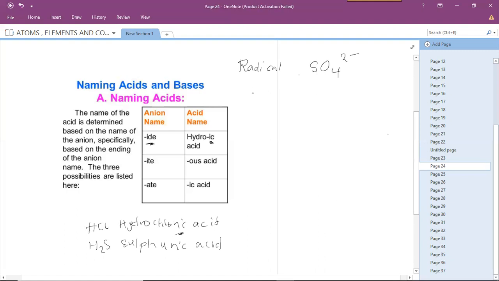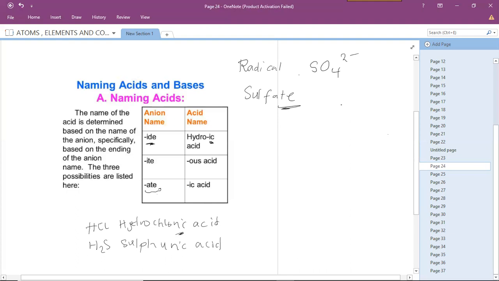Sulfate ends with ATE. So what's the rule? If the anion ends with ATE, the acid will end in -ic.